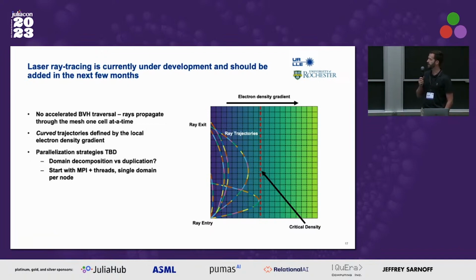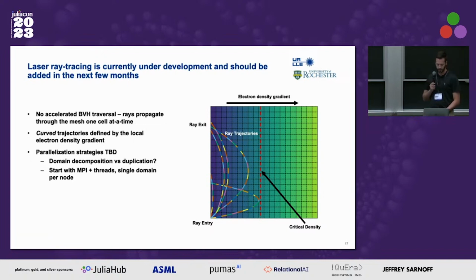This is defined by a density gradient, the electron density gradient. So here in the picture, I show there's a linear density gradient in the heat map. So it's increasing as you go to the right. And it forms something called a critical density. This is where laser light cannot propagate past a particular density of electrons. And it causes these rays to refract and curve.